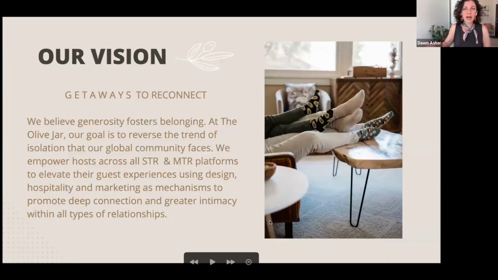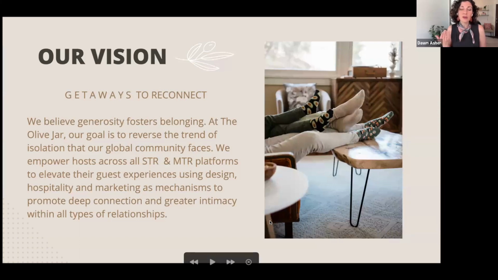A little bit more about what we're designing at the Olive Jar is we just really do believe that generosity fosters a sense of belonging. At the Olive Jar, our goal is to reverse the trend of isolation that our global community is facing.